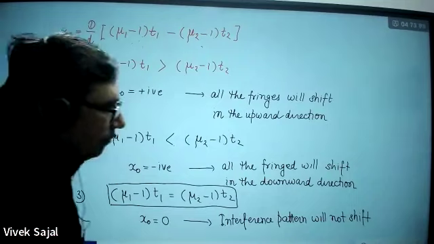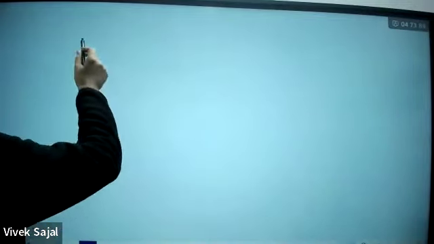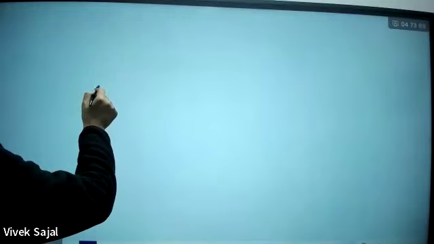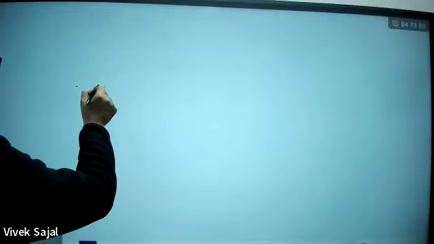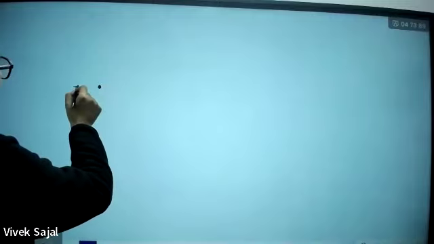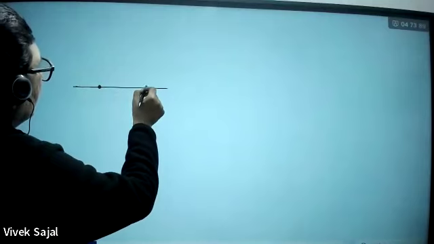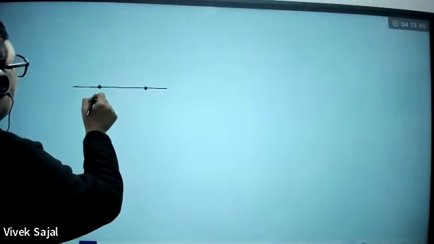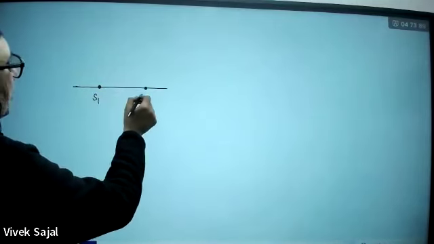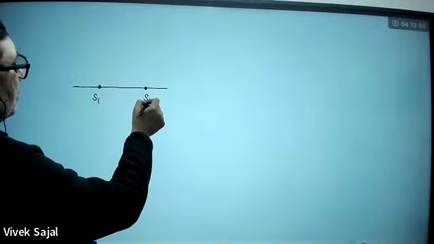Now, another aspect of the interference pattern. Suppose I'm having two slits here. Try to understand. I'm saying one slit is the light source. You can say slits or coherent sources. I'm saying two coherent sources, S1 is here, S2 is here.